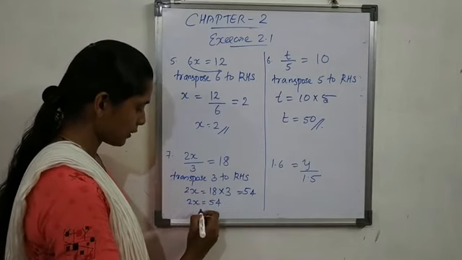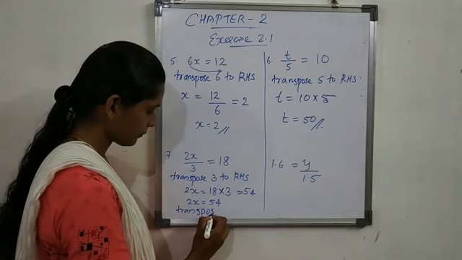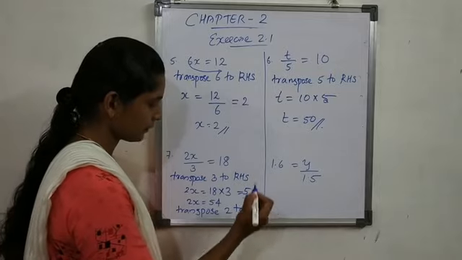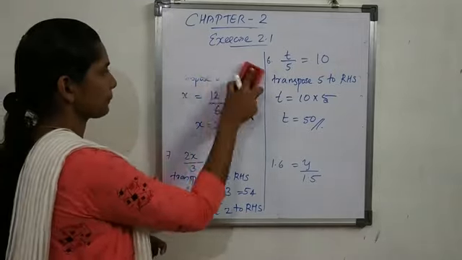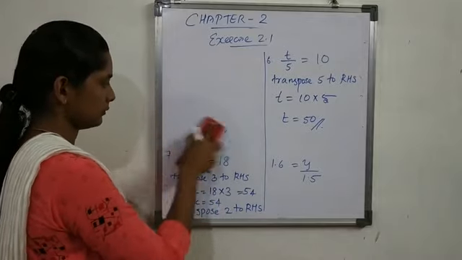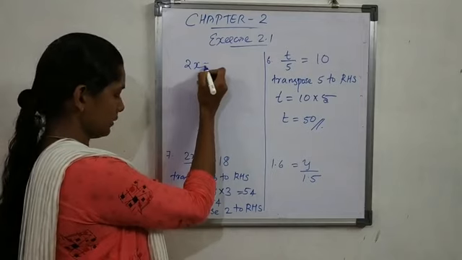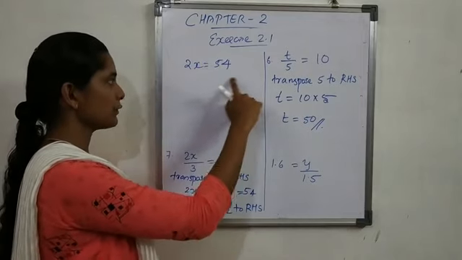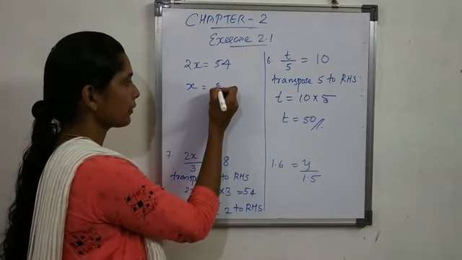Then we have to transpose 2 to the right side. 2 is multiplied here, 2x is equal to 54. We have to transfer this 2 to the right side, and on the right side it will become division.